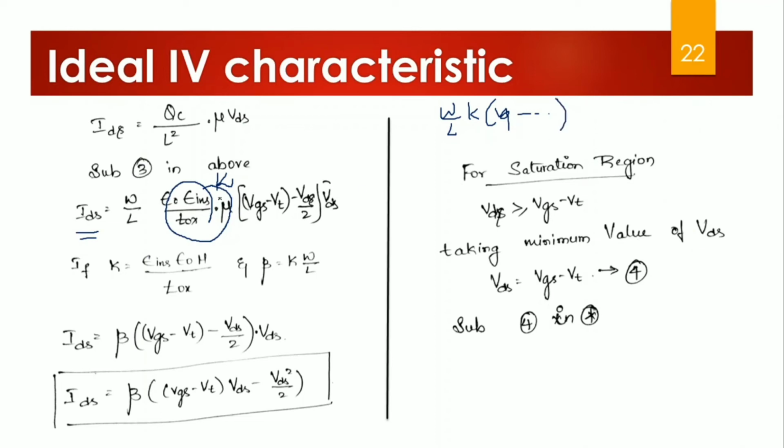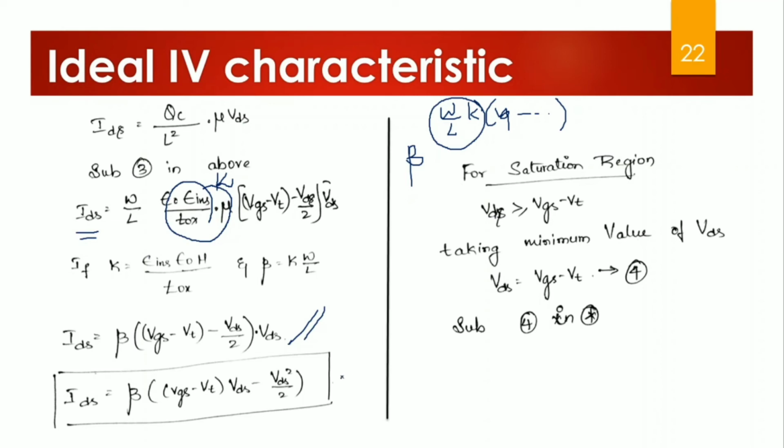Now if I replace the term W by L into K with beta, I can write the expression as IDS is equal to beta into VGS minus VT minus VDS by 2 into VDS. This is the current expression for MOS transistor in the linear region.